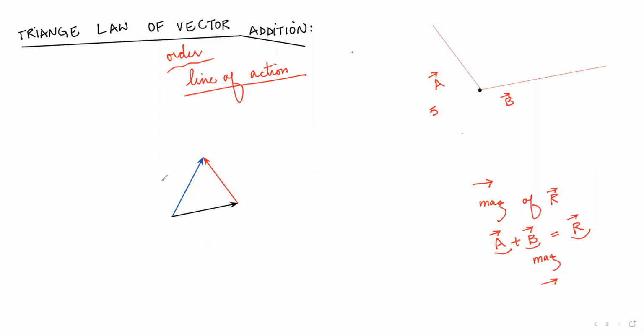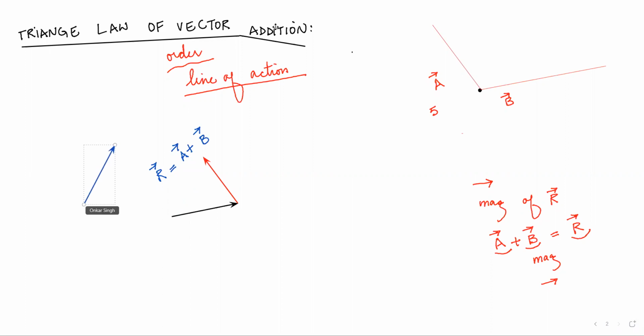This is truly representative of the resultant vector, which is equal to vector A plus vector B. All right, let's say this is vector A and B. Okay, fine. Now I will show whether the resultant vector will be the same in case I change the order. Let's see. So first I take this vector here, and then I'll see whether it is right or wrong.